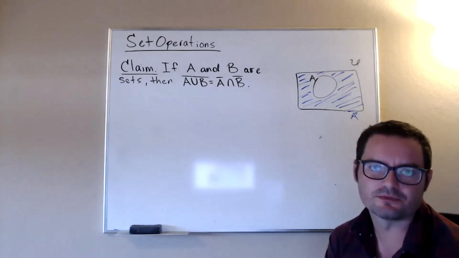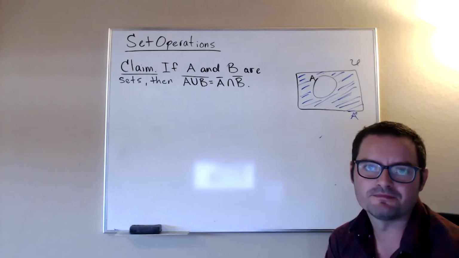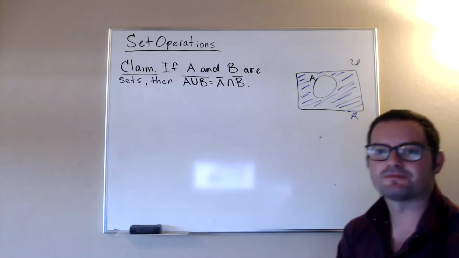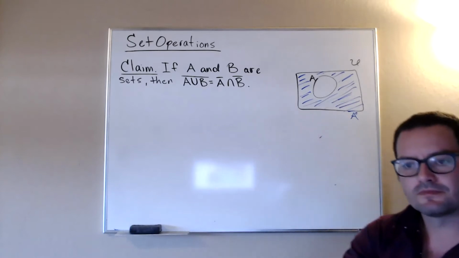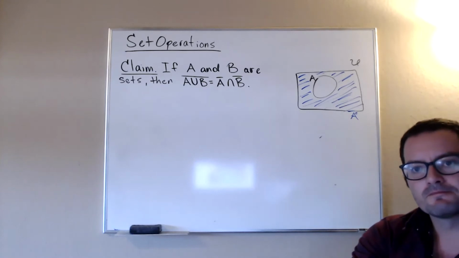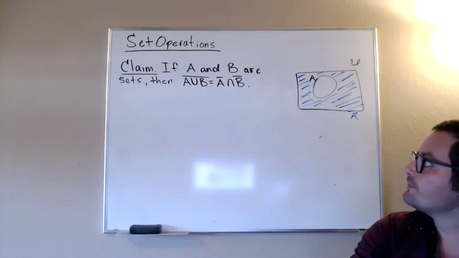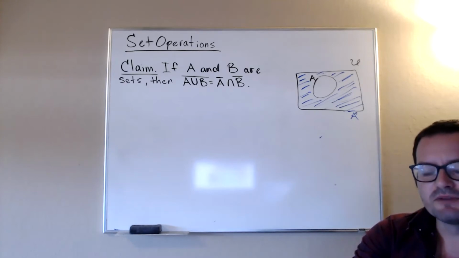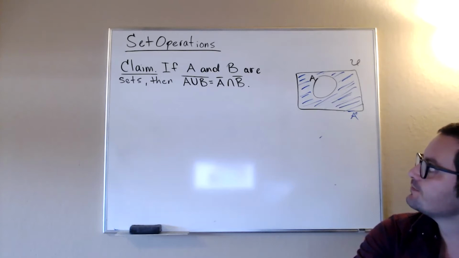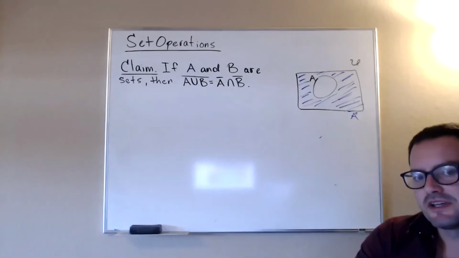It looks like something from logic that we use quite a bit. Any guesses? Proof by contrapositive? Not by like a proof technique, but by a law from logic. What does it look like to you? Think about what I said a second ago.